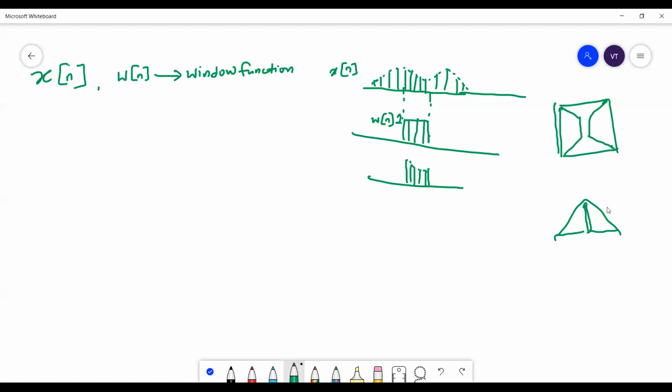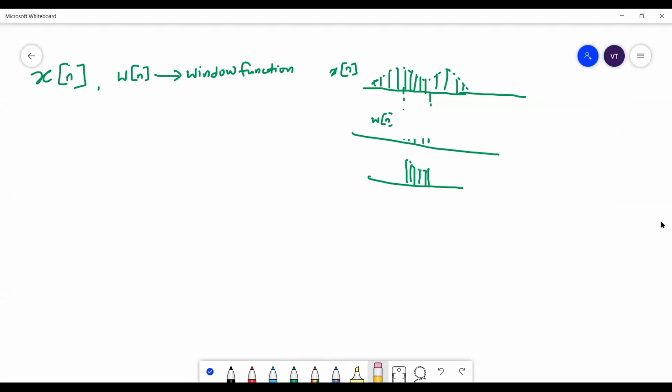But if you are looking at signals, in fact, this makes some very great sense, because you can have different shaped windows, and you will see that all the shapes of the windows will have different properties. So for example, the window could be something like this.